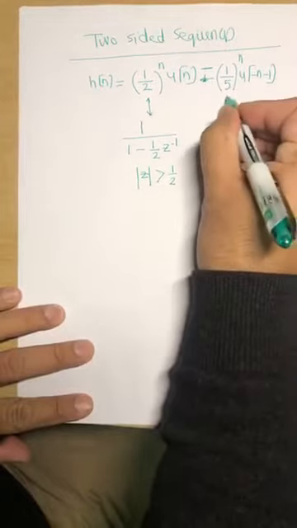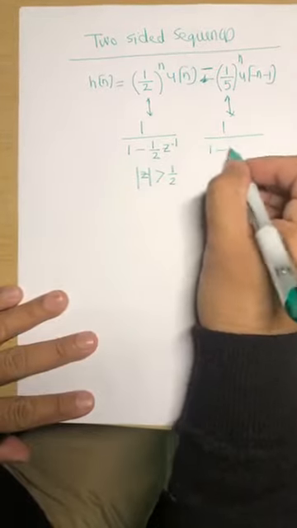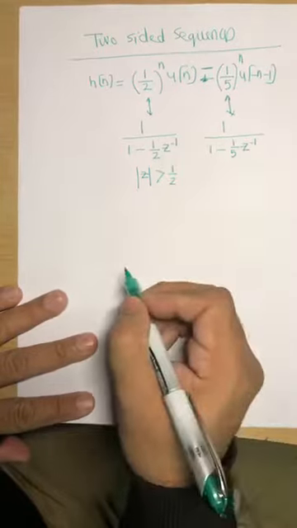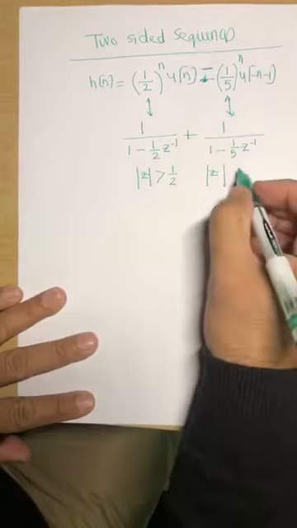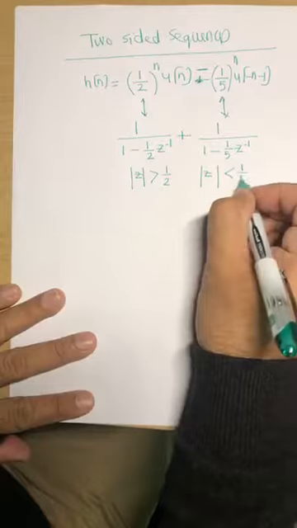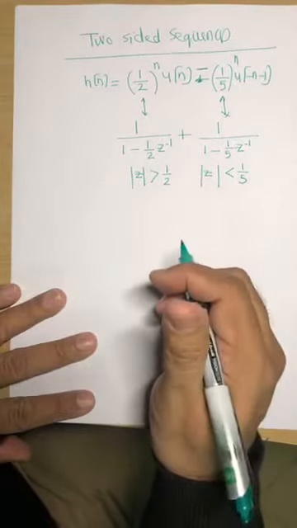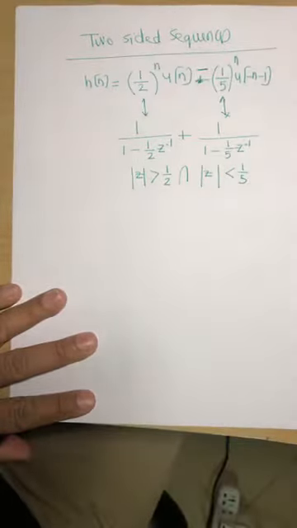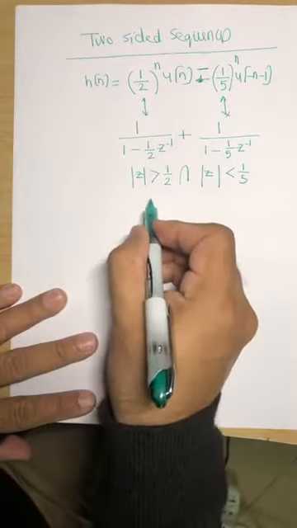For this we know this is a left hand side sequence, and this Z transform is also the same, 1 over 1 minus 1 over 5 Z inverse. Okay, and here Z magnitude is less than 1 over 5. Okay, so now its intersection is if something is greater than 1 over 2 and less than 1 over 5.